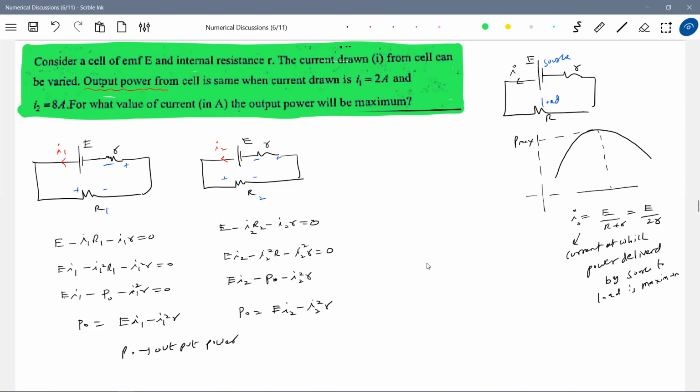So what can be I1? Output power from the cell is the same when the current drawn is I1, 2 ampere, and I2, 8 ampere. For what value of current will the output power be maximum, it is asking.